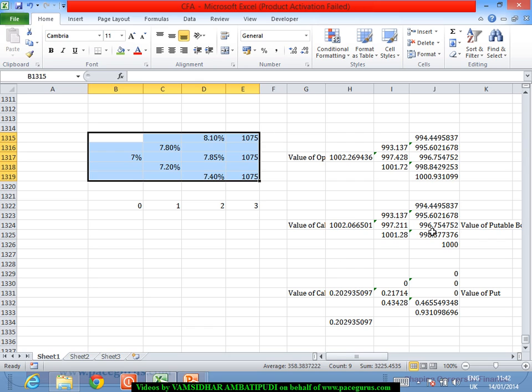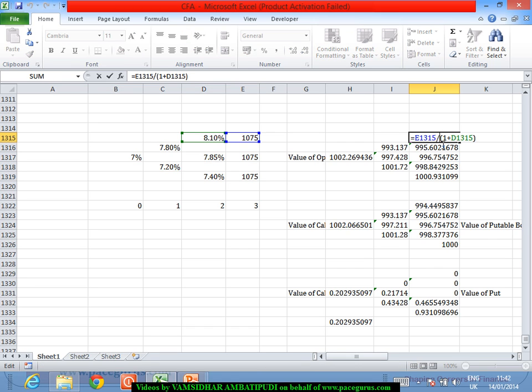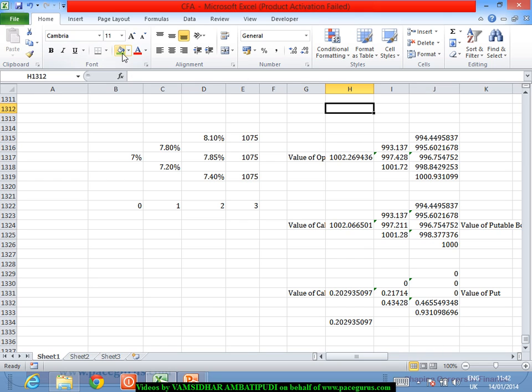What I will do is, for each of the nodes, I will add a spread value. Let me add one spread value. Let's say this is the spread. For each of the nodes, I will add up this spread value.